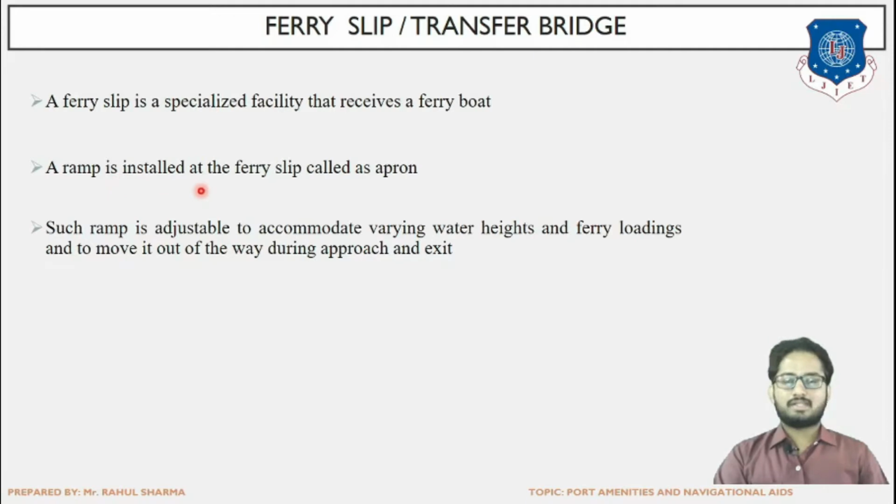A ramp is installed at the ferry slip, called an apron. The ramp is a connection between the ship or boat and the point where the loading and unloading of passengers or cargo or commodity is to be carried out. So that platform and the ship are connected through the ramp, which is termed as apron.